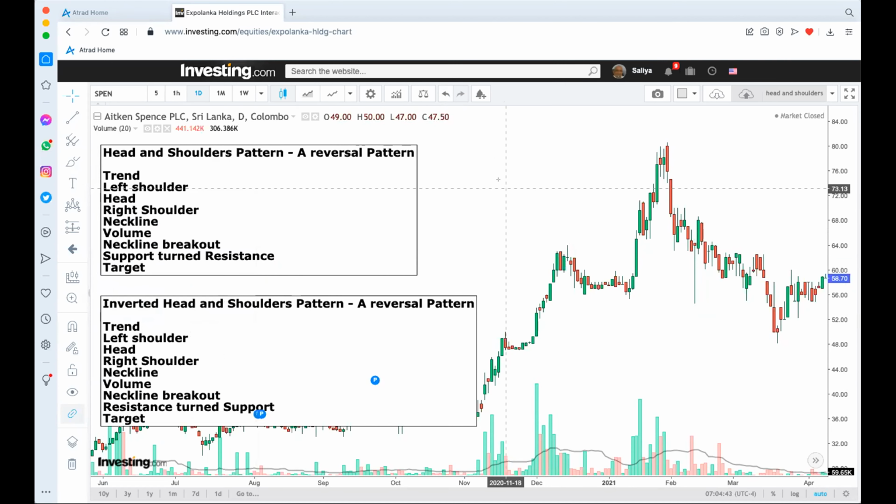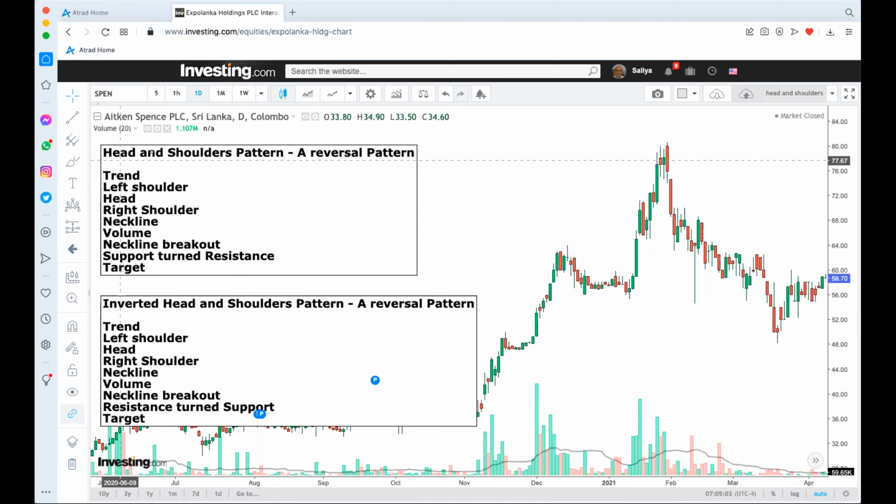But before using that tool to draw our pattern, I'm going to just show you by using the line so that we will understand and get the idea. First, as I said, is the idea.